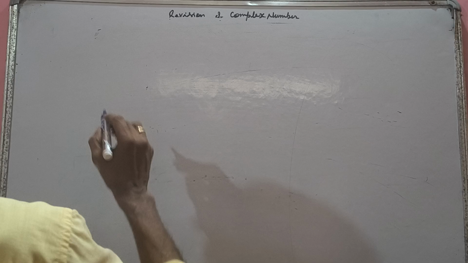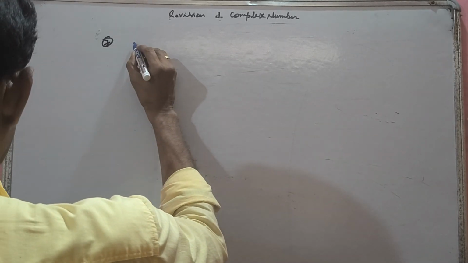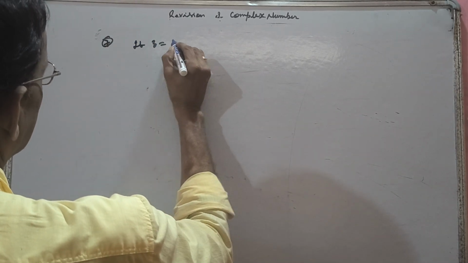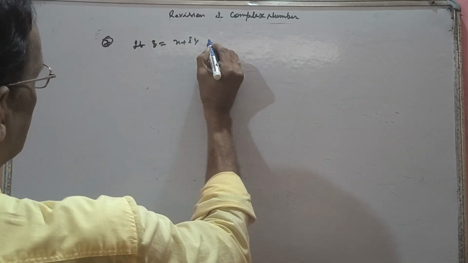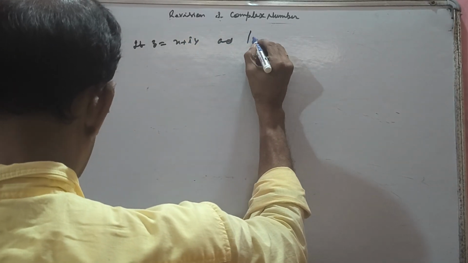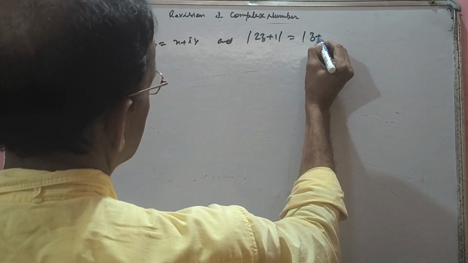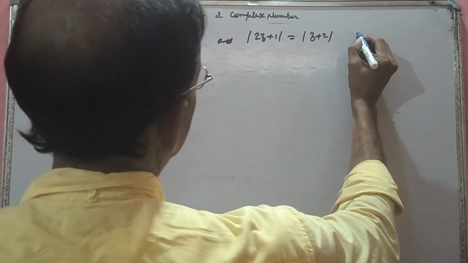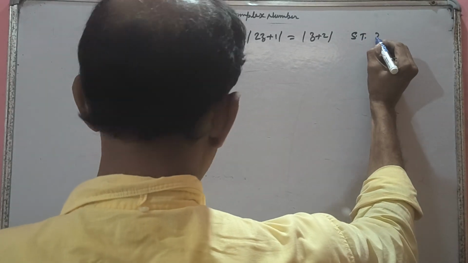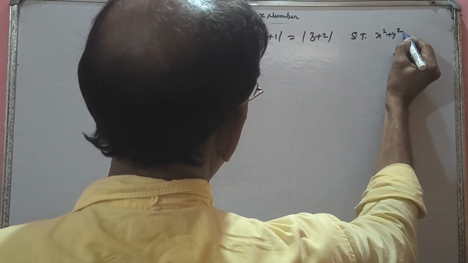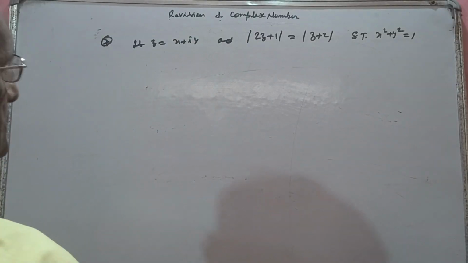Okay, then next, number 6 we have done. Number 7. If z equals x plus iy and modulus of twice z plus 1 is equal to modulus of z plus 2, then we need to show that x square plus y square equals 1.